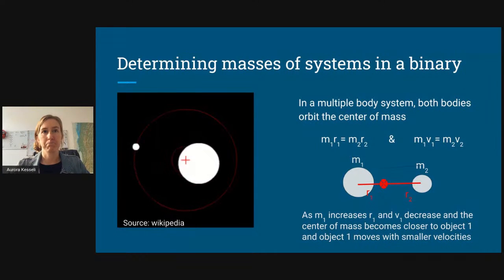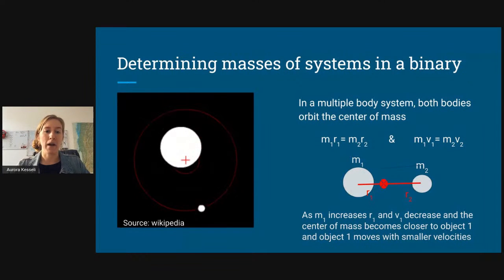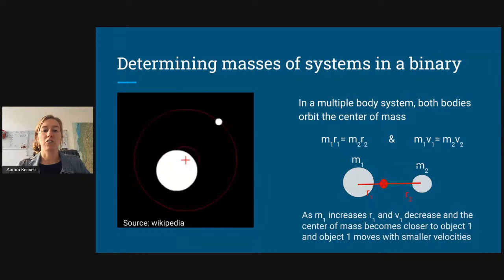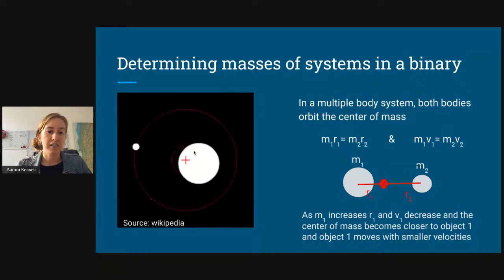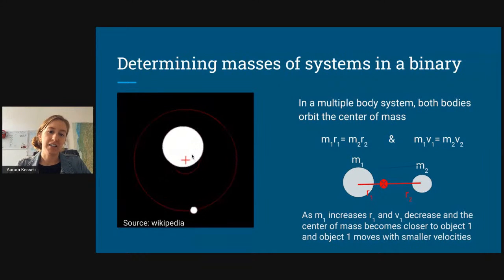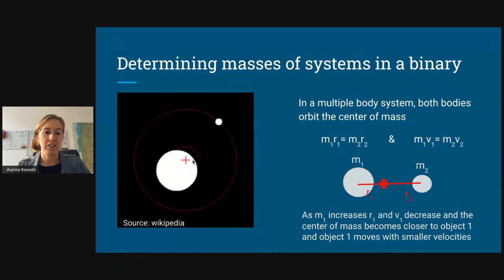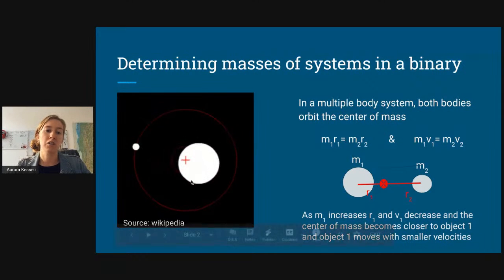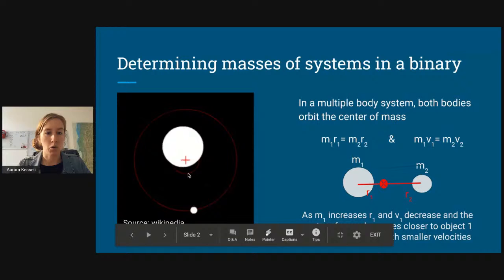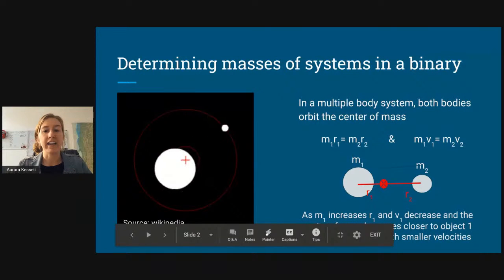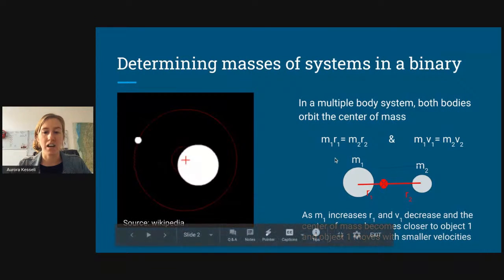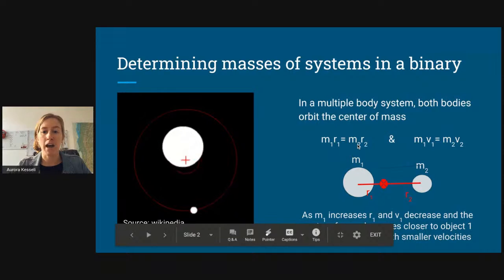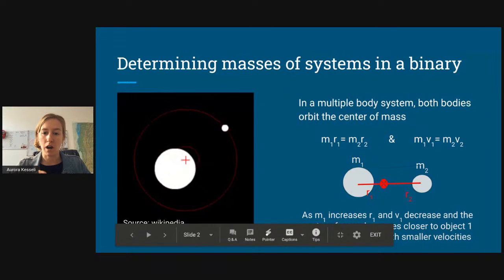This becomes a lot more clear when you're talking about binary star systems, when the stars are more equal in size. This animation here is probably something more like a binary star system where one star is a lot bigger, because you can clearly see that they're both orbiting the center of mass. And the center of mass is given by the masses of the two objects.